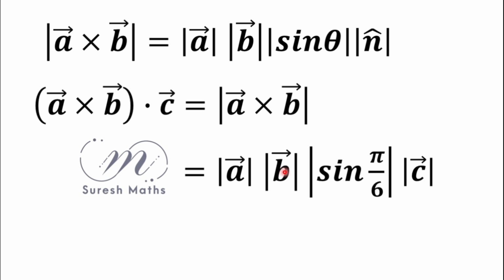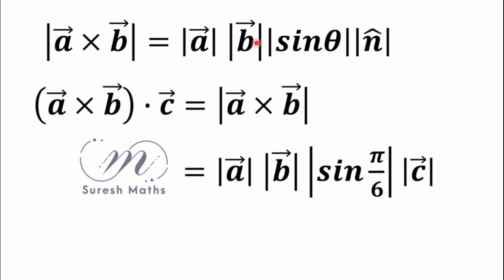Using this formula, mod A vector, mod B vector, sine theta, where theta is the angle between these two vectors. Given by data, the angle between A and B is pi by 6, so sine pi by 6 is used here. C vector is a unit vector which is perpendicular to A vector and B vector, so instead of n cap we are using C vector.